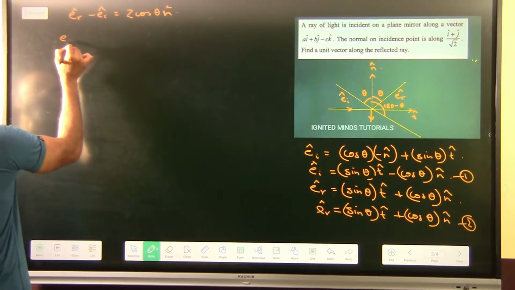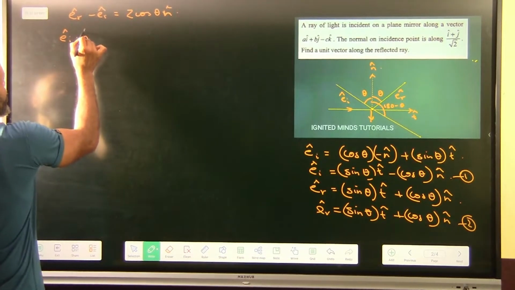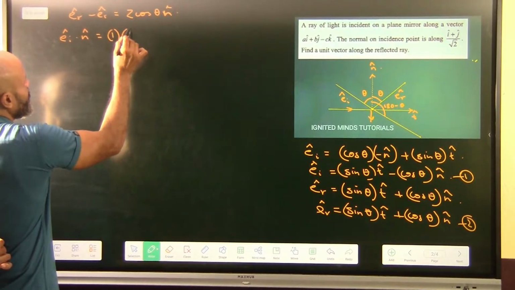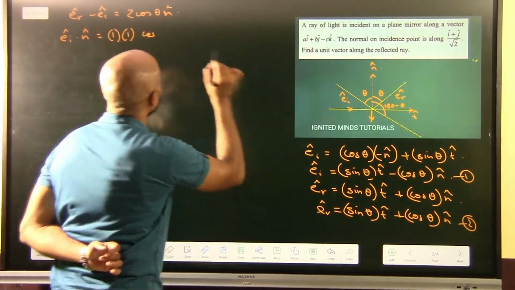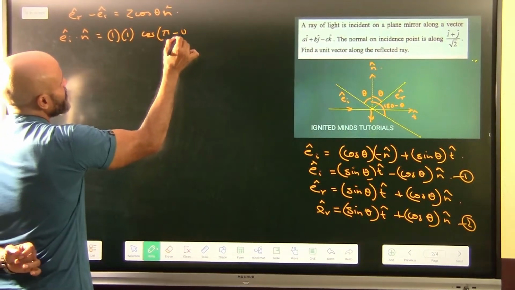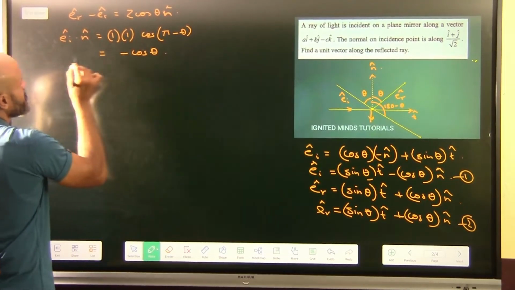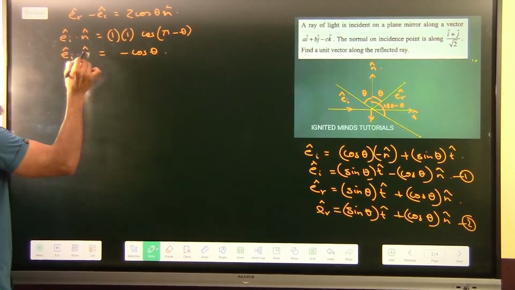Now if I do a scalar product of the unit vector along the incident ray and the unit vector along the normal, what will be the angle? As I stated, the angle between them will be pi minus theta, and cos of pi minus theta we all know is minus cos theta. So the scalar product is minus cos theta, or cos theta is equal to minus the unit vector along the incident and the unit vector along the normal.